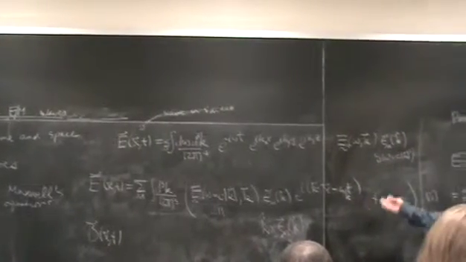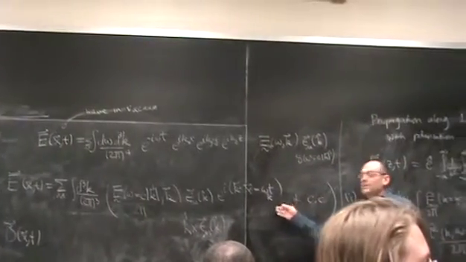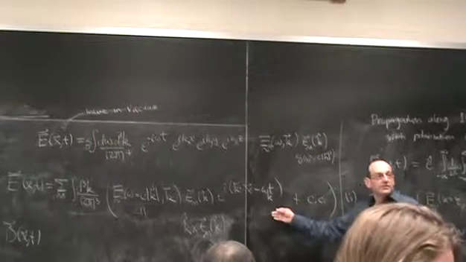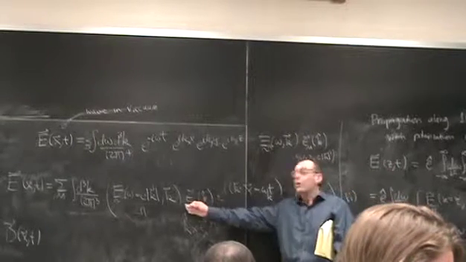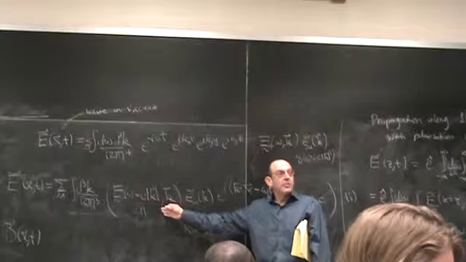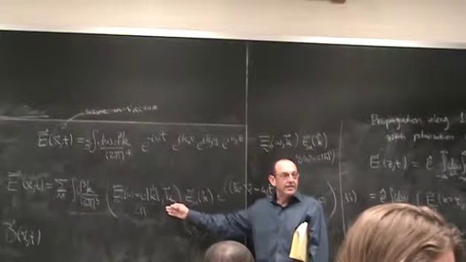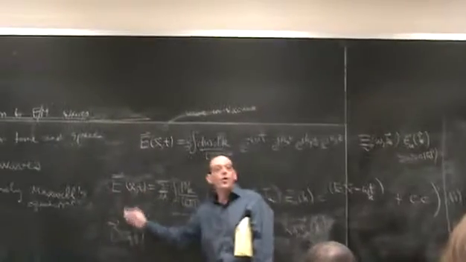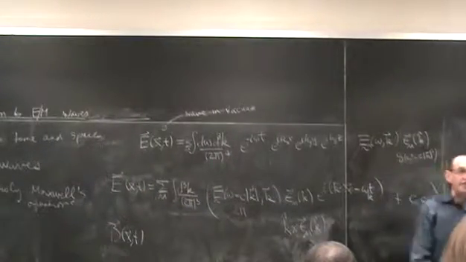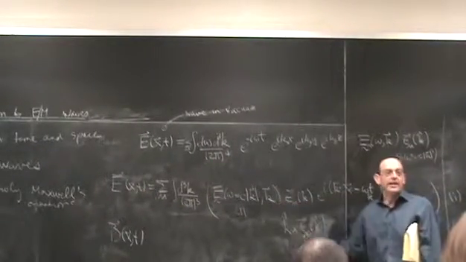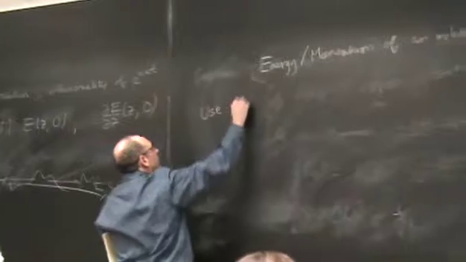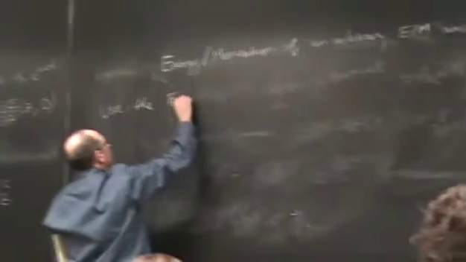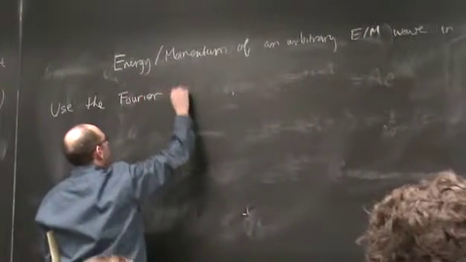And so it is a trivial business to write that down, because we know what the energy and momentum are of each plane wave. Thus, the energy of the total wave is just a superposition of the energy in each of those waves. So we use the Fourier decomposition.